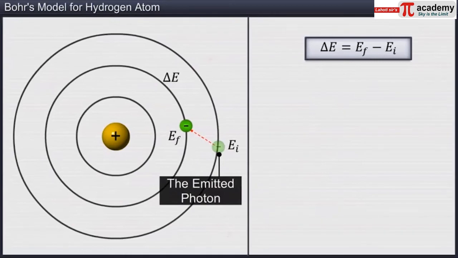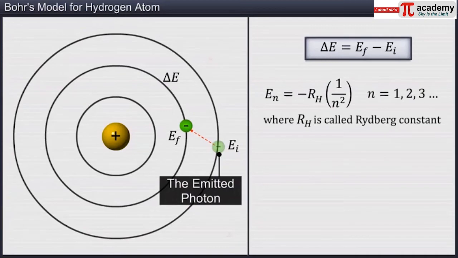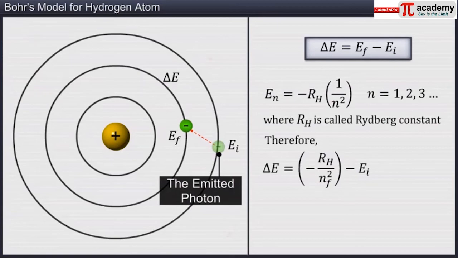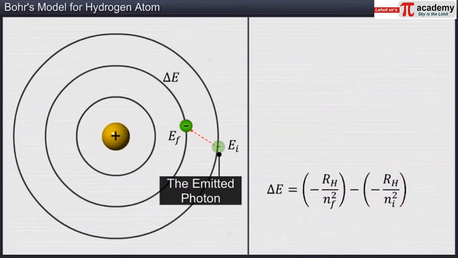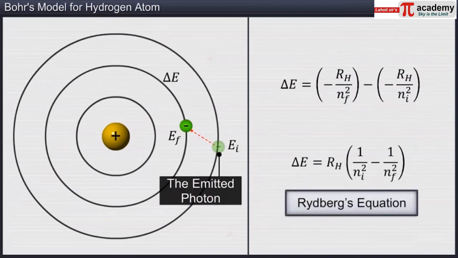Since the energy of a stationary state is given by the equation En is equal to minus Rydberg's constant multiplied by 1 divided by n square, we can substitute E final in the energy change equation by minus RH divided by n final square and E initial by minus RH divided by n initial square, to get an equation similar to the expression used by Rydberg.